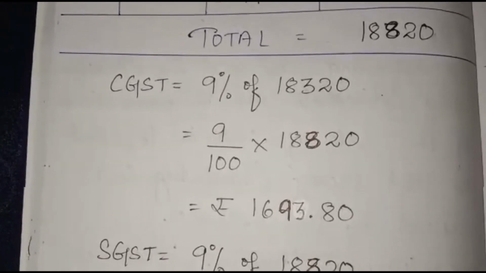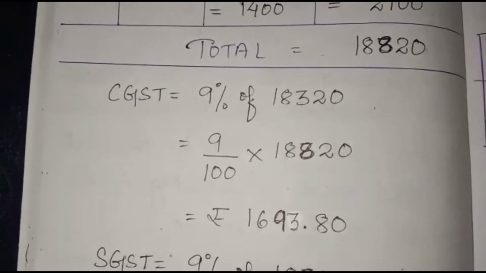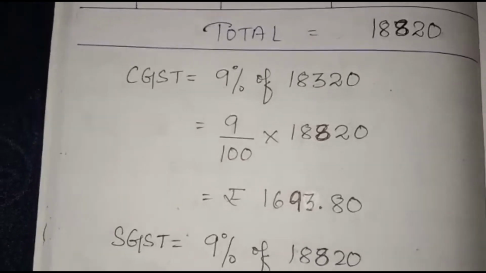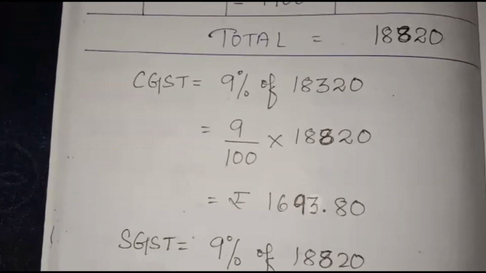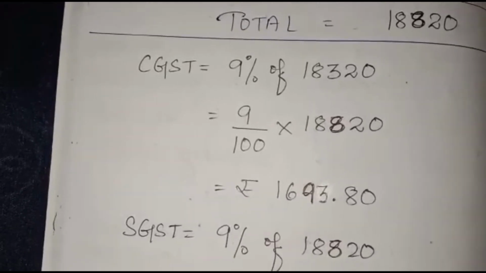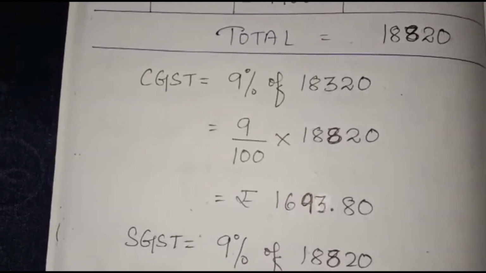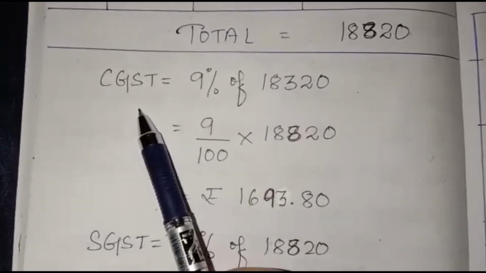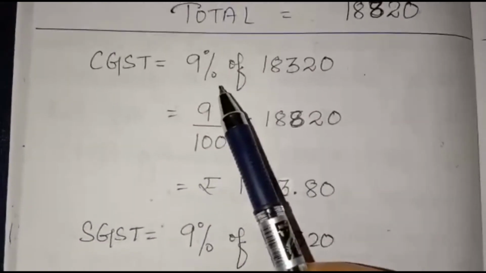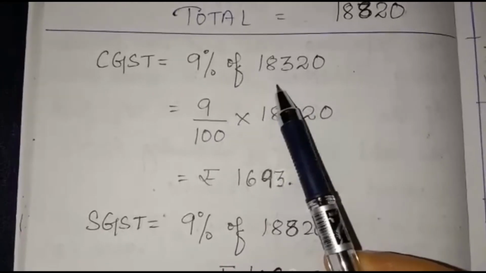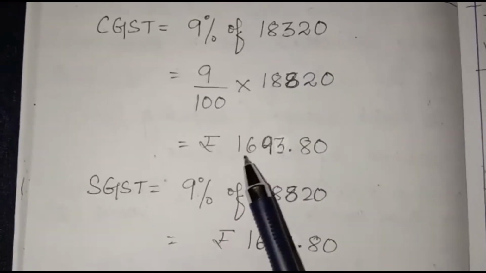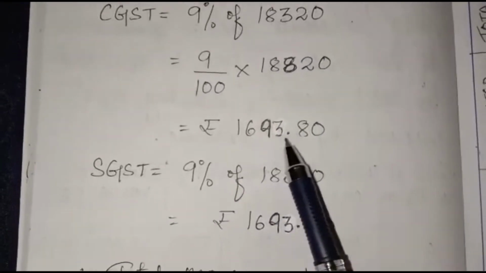And here it is Delhi. Only Delhi is mentioned, that means it is intrastate. Only one place is mentioned, Delhi. So this is intrastate, and in intrastate CGST and SGST are applicable. So CGST will be half of 18, that is 9%. 9% of 18,320 is 1,693.80.